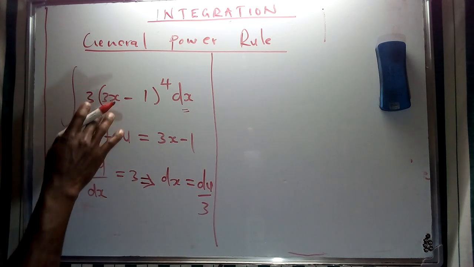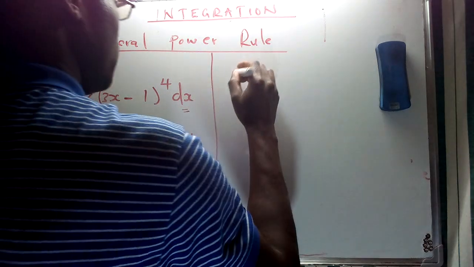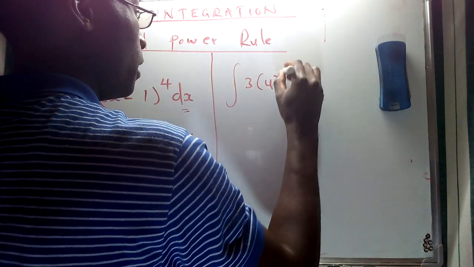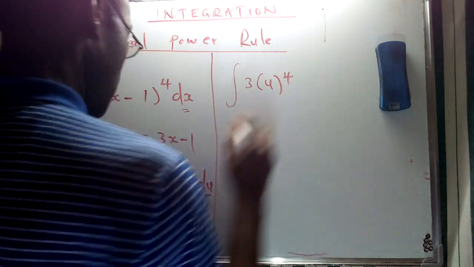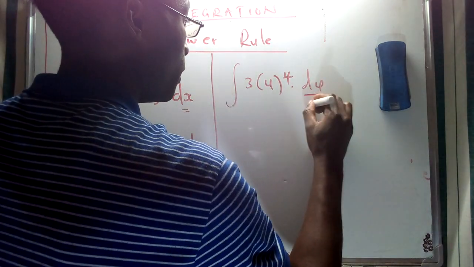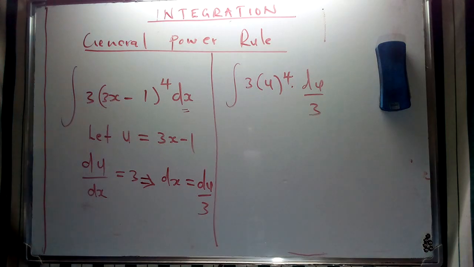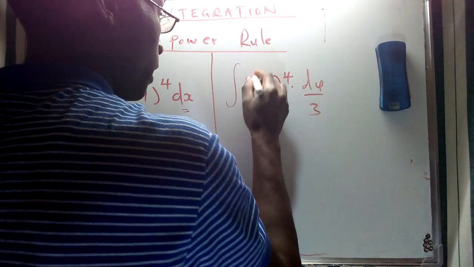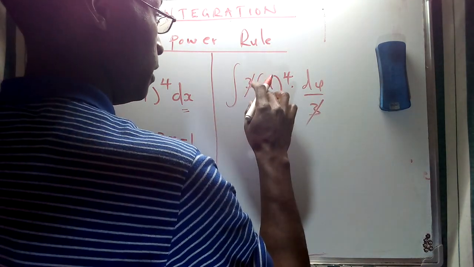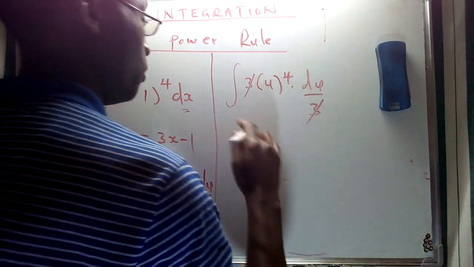If we do the substitution, we have u raised to power 4 for the first part, and for dx we have du over 3. That makes the operation simpler for us, and we have the integral of u raised to power 4 du, with the 3 cancelling.